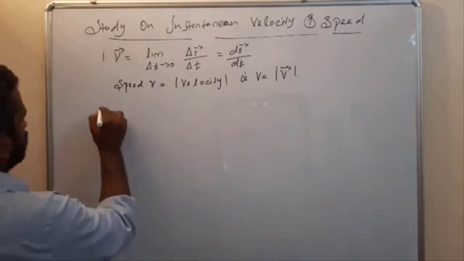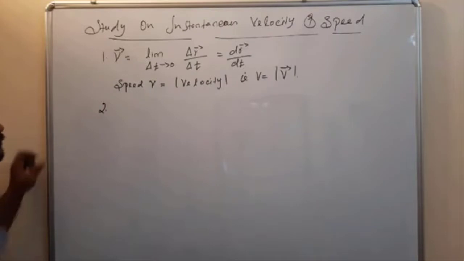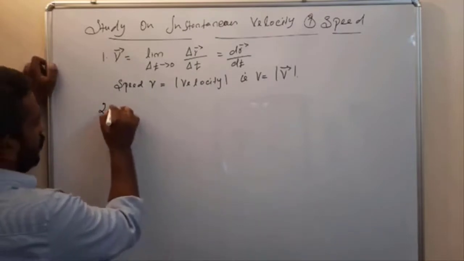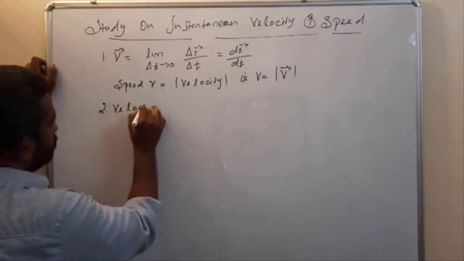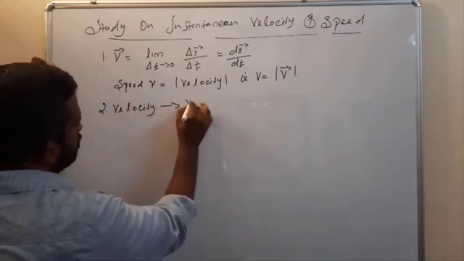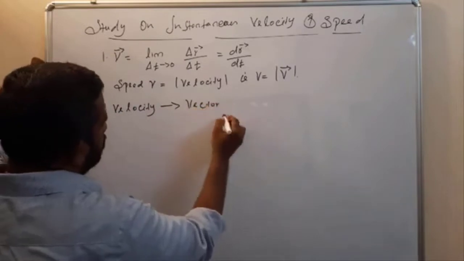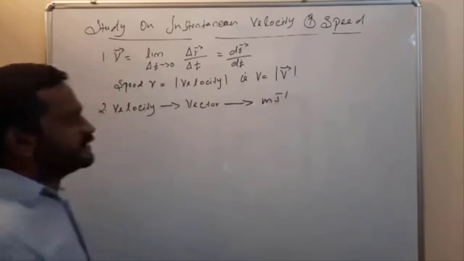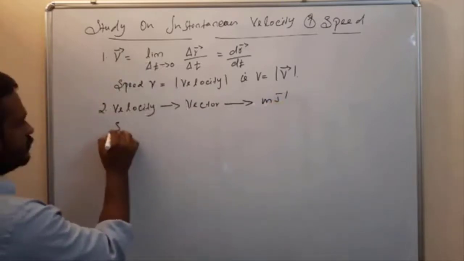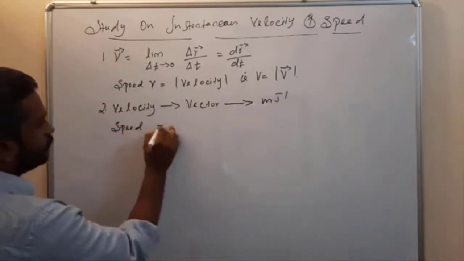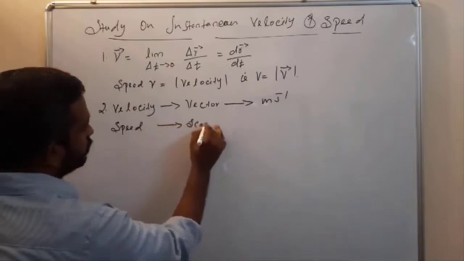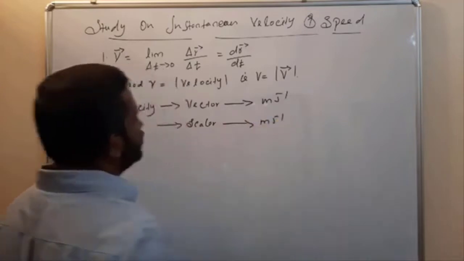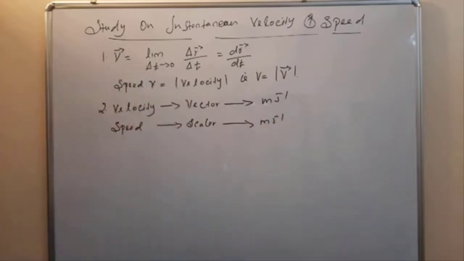Second point: velocity is a vector with unit meter per second. Speed is a scalar, with unit meter per second.